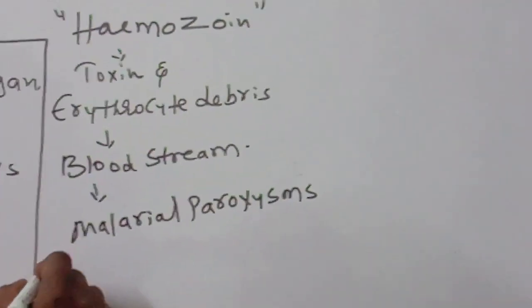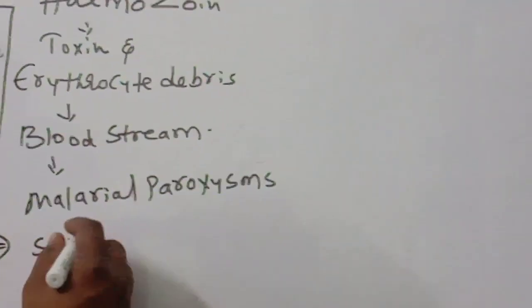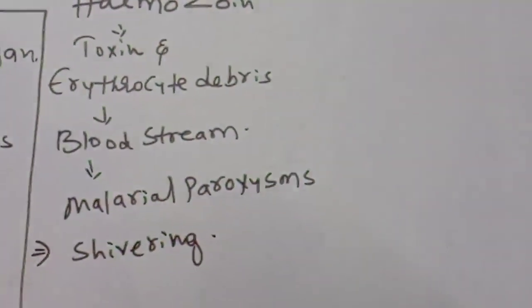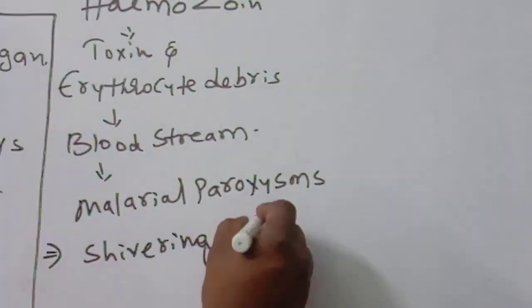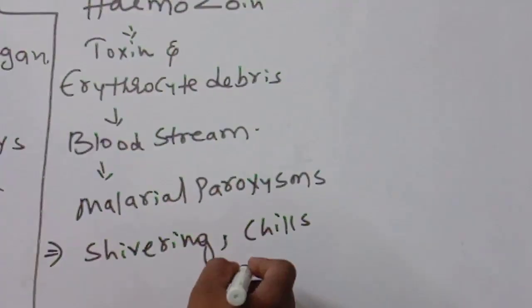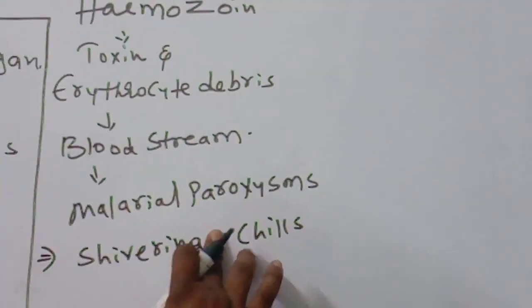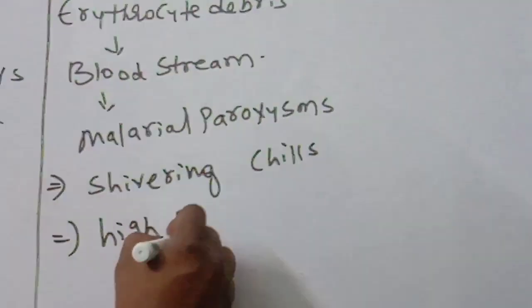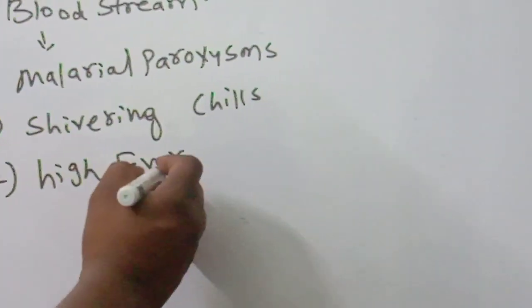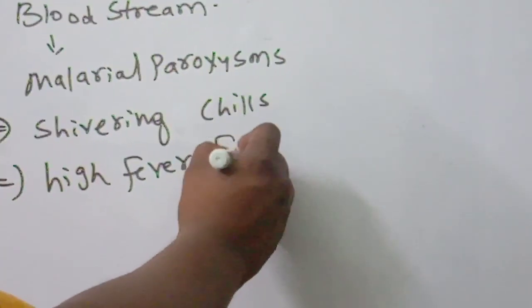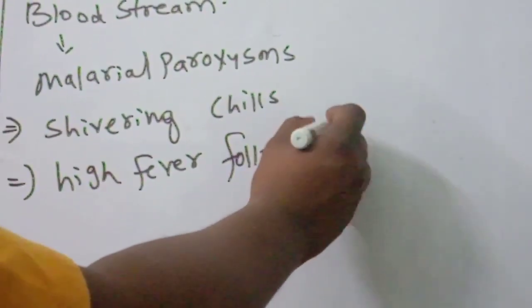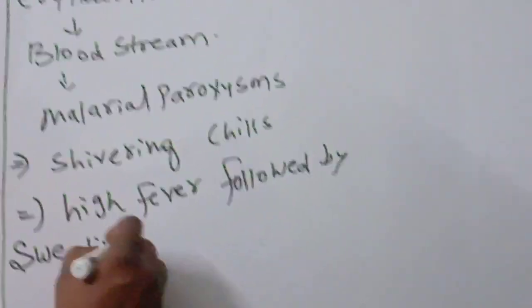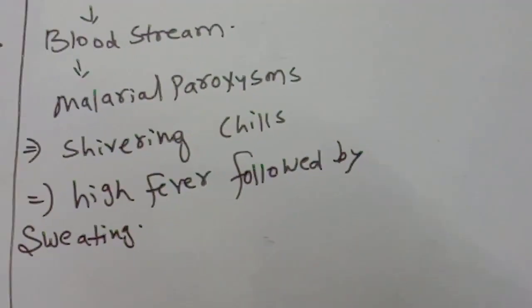Number 1, shivering, chills. Number 2, high fever followed by sweating.